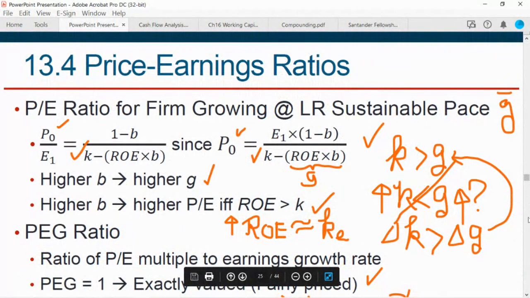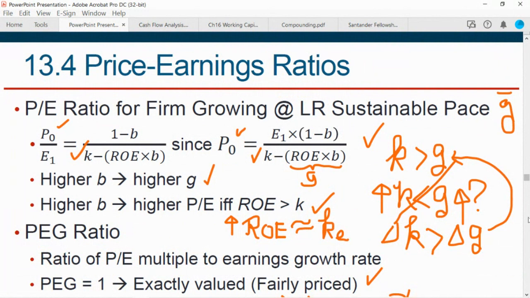There are two camps in finance: the high price earnings ratio camp and the low price earnings ratio camp, right? The camp that champions high price earnings ratio versus the camp that champions low price earnings ratio.